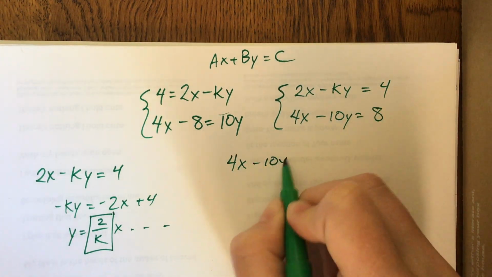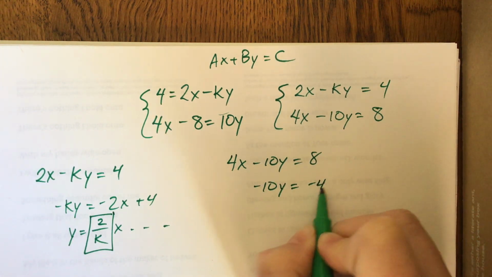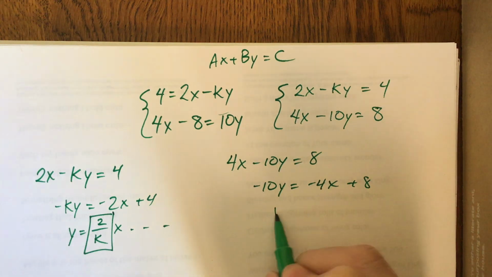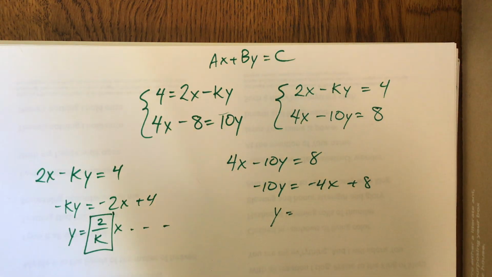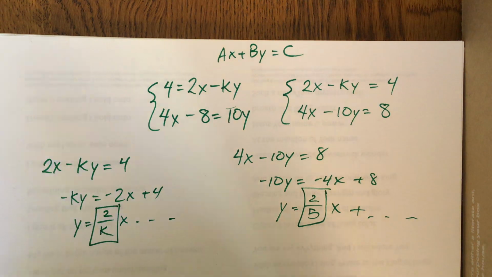Then the other one, 4x minus 10y equals 8, so negative 10y equals negative 4x plus 8, divided by negative 10. y is equal to 4 over 10, which becomes 2/5 x. I do care about the rest, actually, let me change that.